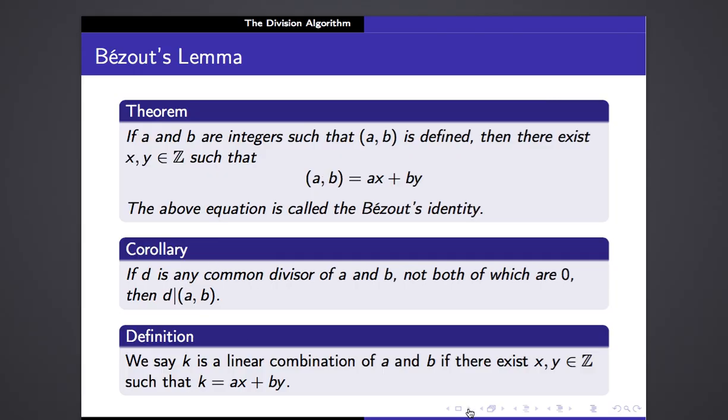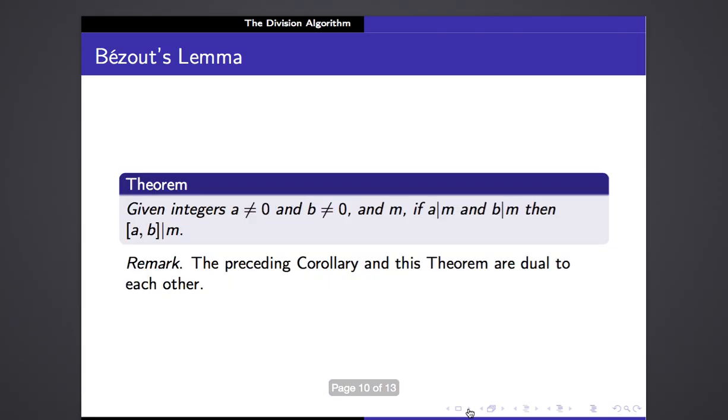Anyway, this corollary and this theorem are dual to each other. What I said when I was doing lecture two was that you can get one from the other by just switching the inequality. That's what I misspoke about. It's more than just inequality.